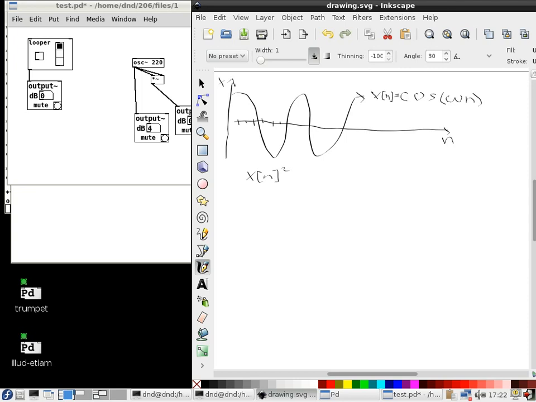It's cosine A times cosine B is equal to 1/2 times the quantity cosine of A plus B plus cosine of A minus B.